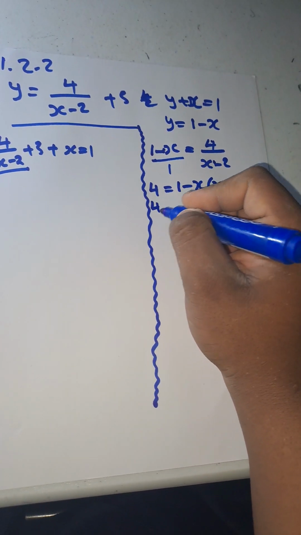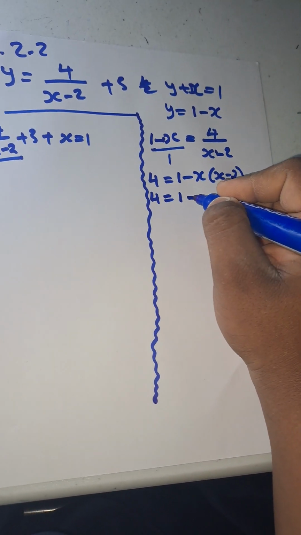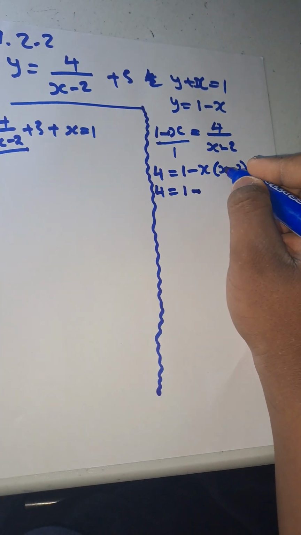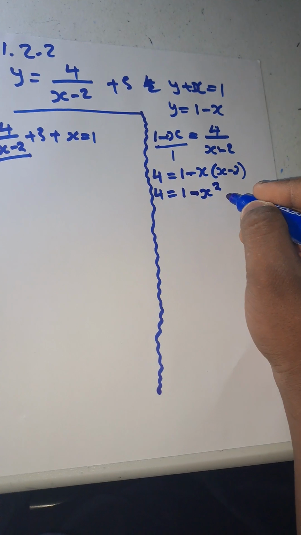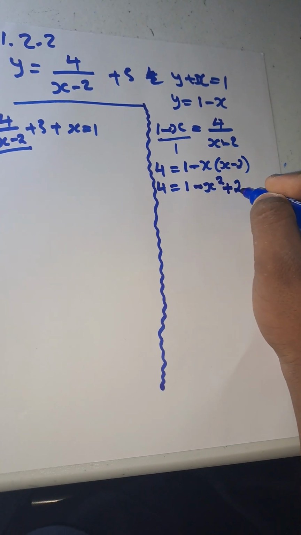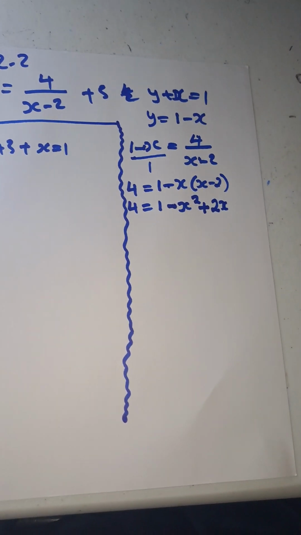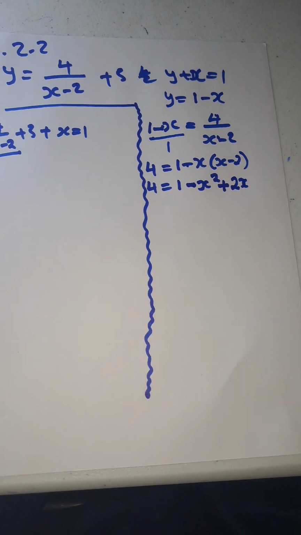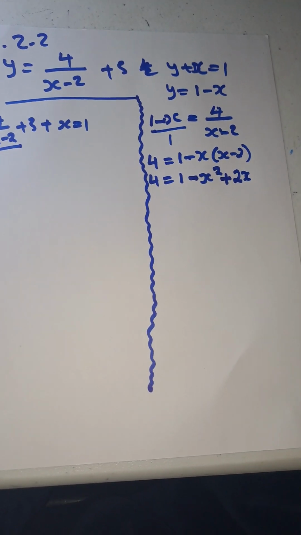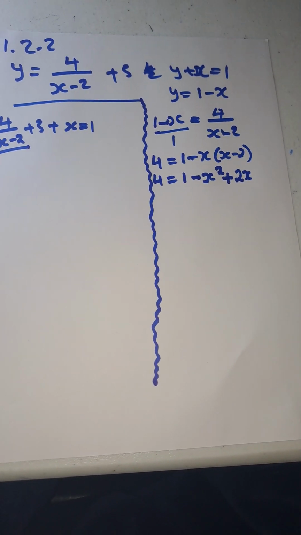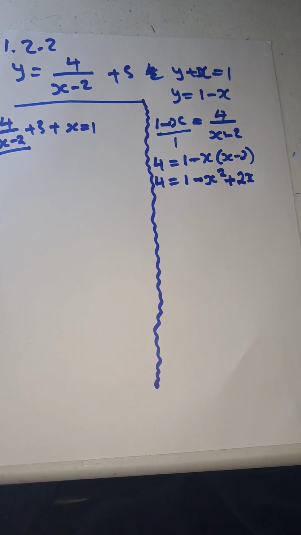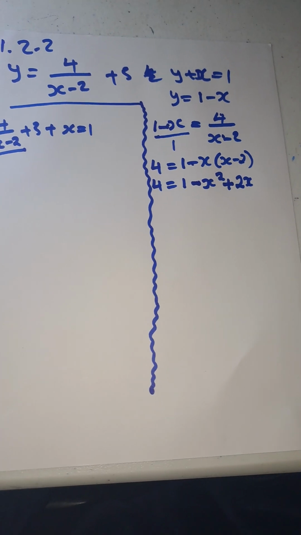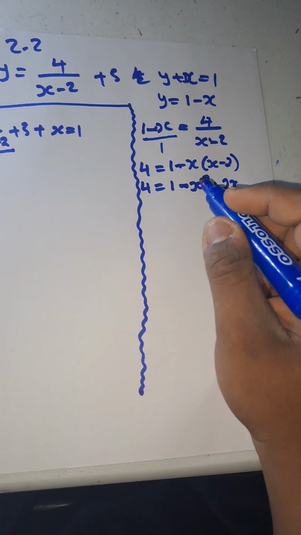Then it will be 4 is equals to 1 minus... So minus x times x is x squared, minus and a minus is positive 2x. Now this one is simple, right? So we can continue and do the maths. Now, wait. I said I'm gonna cross multiply, and what I did here was wrong.